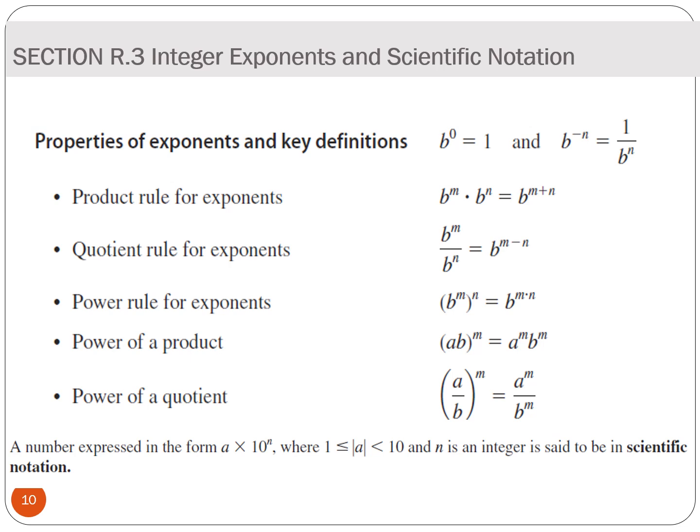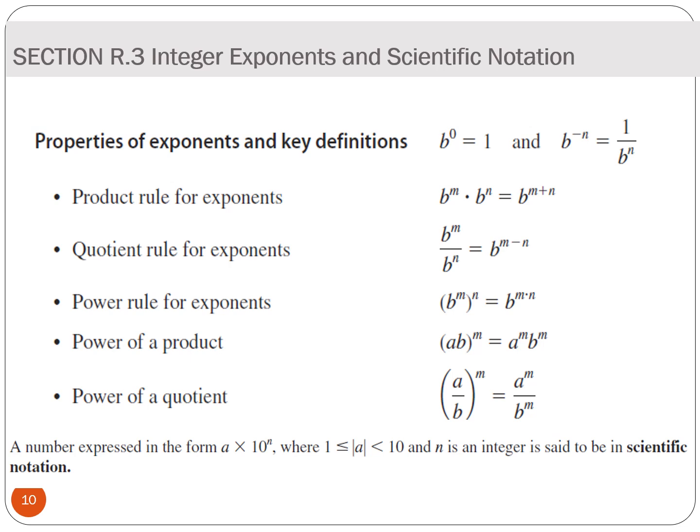This is just a way to express numbers. The way that you express a number in scientific notation is you want to write the number as a times 10 to the n. Here a must be a number such that the absolute value is greater than or equal to 1 and less than 10, and of course for some power of n.